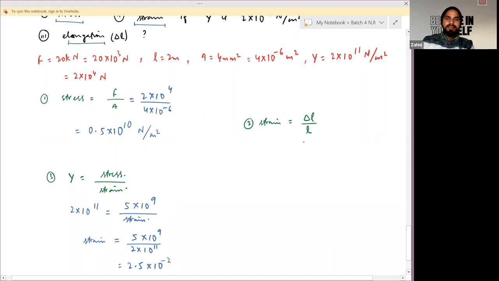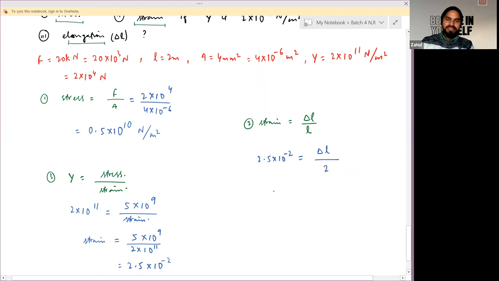Yes, sir. Clear. Okay. Now, if you put all the values in the second part, strain is 2.5 into 10 to the power minus 2. Delta L you have to calculate, divided by L, which is 2 meter.